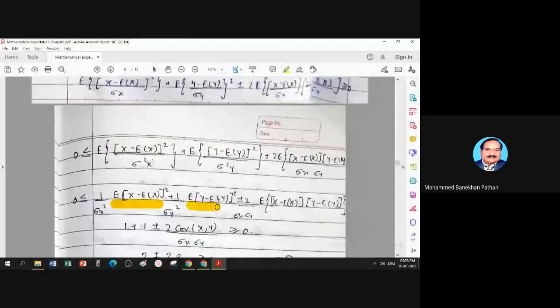Expectation of (X minus EX) square is the variance of X, this is the variance of Y.